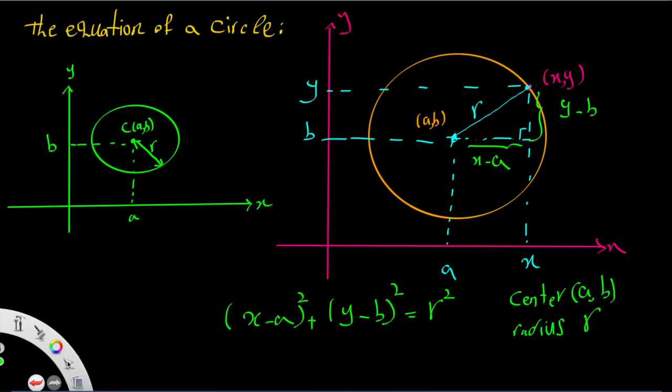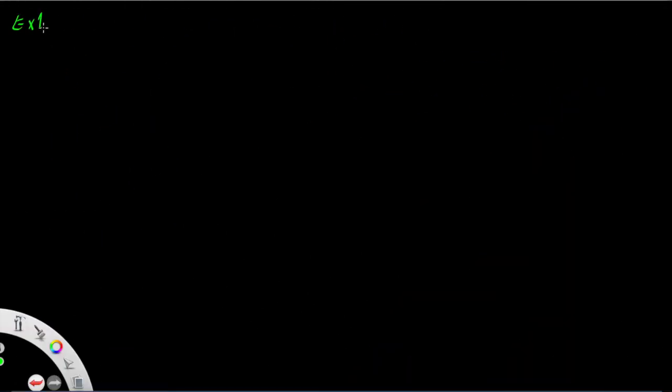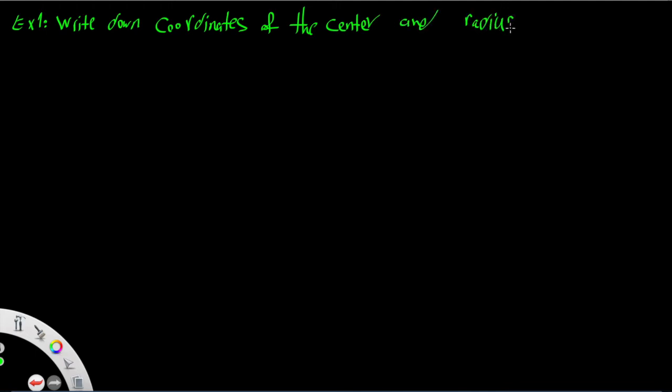Now, let's see some examples. Example 1: write down the coordinates of the center and radius of the following circles.